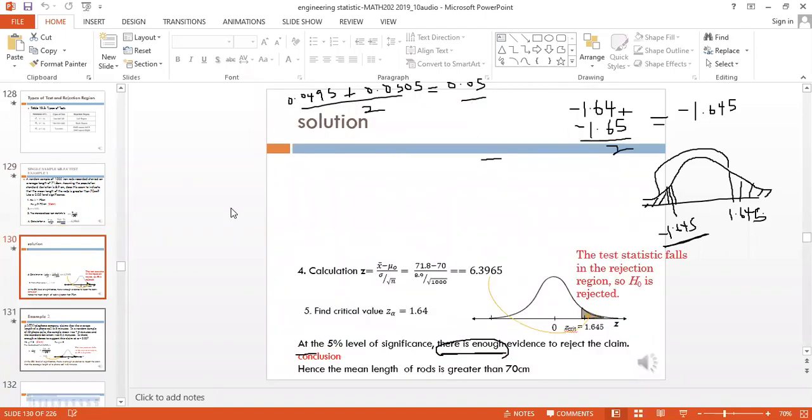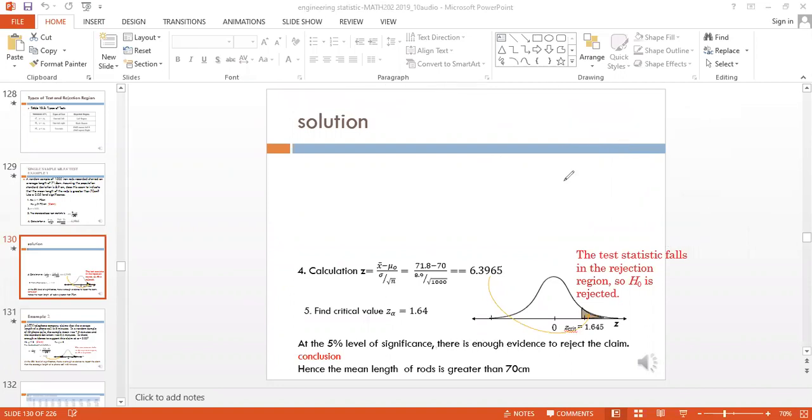So what we are saying here is, our critical value is 1.645. That's the critical limit here. So it means that if we compare the calculated value which we had, which was 6.395, if we plot it on the graph, that will be far on the right of 1.645.